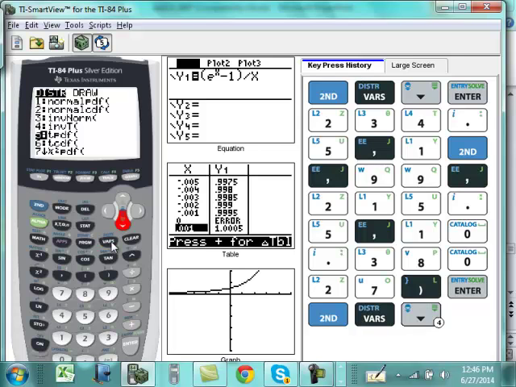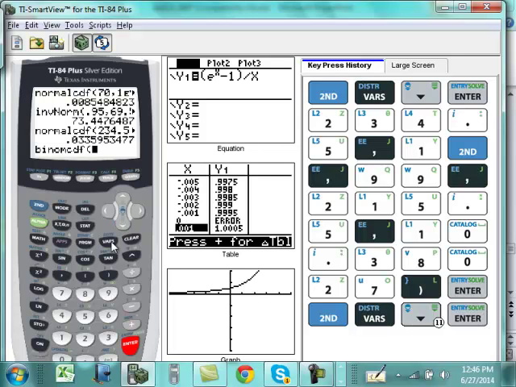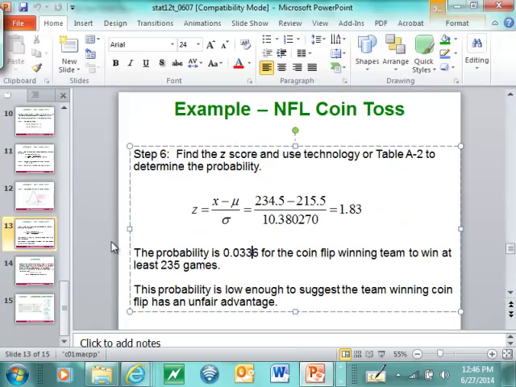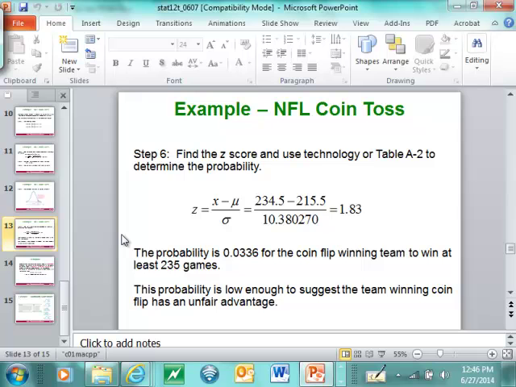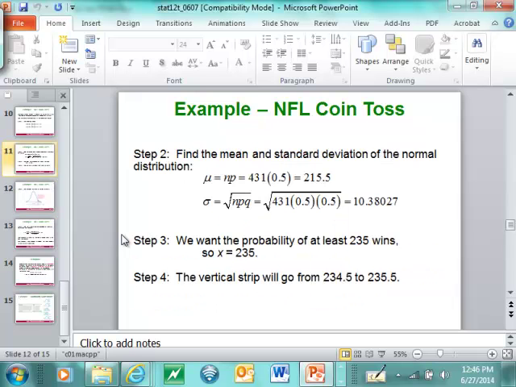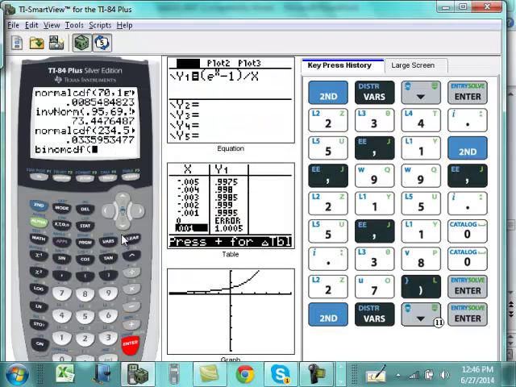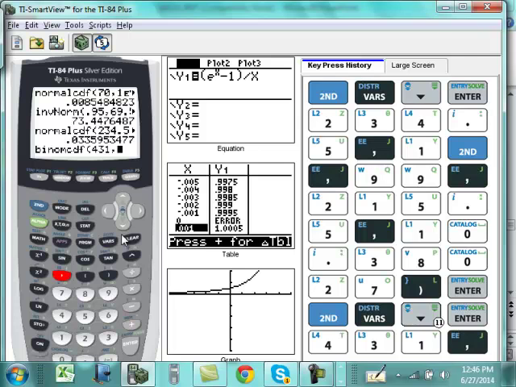So within the distribution menu, we're going to go down to binomial CDF. Sample size was 431, comma, probability of success was 0.5.